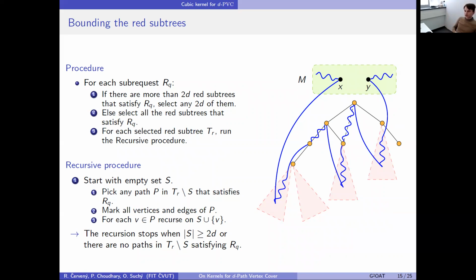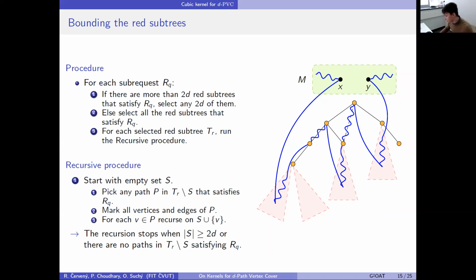Again, the red subtrees are disjoint. In that case, the solution may compromise some of these red subtrees so that this rerouting cannot happen. But once the solution picks at least d vertices from these red subtrees, we can move to the ancestors of the red subtrees and cut all of them away.